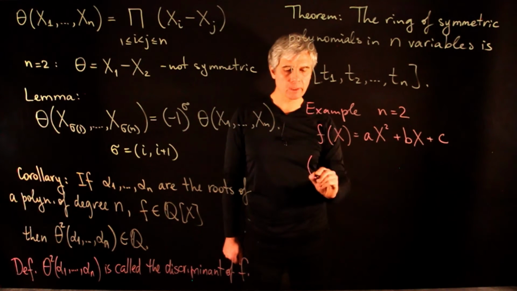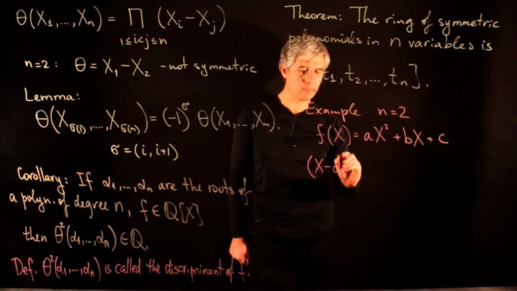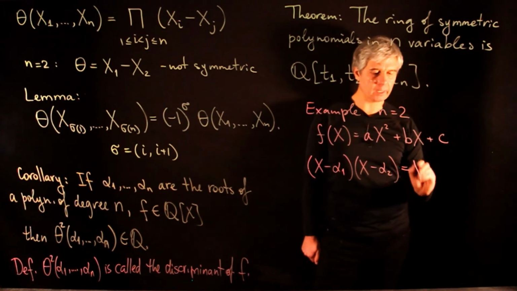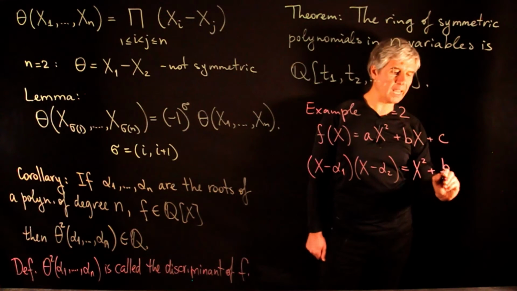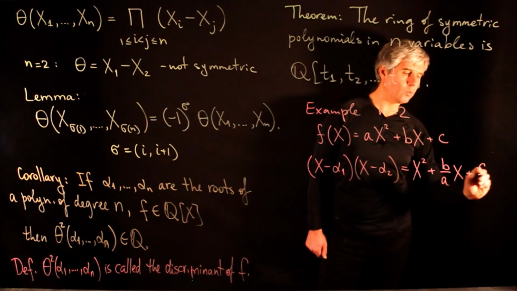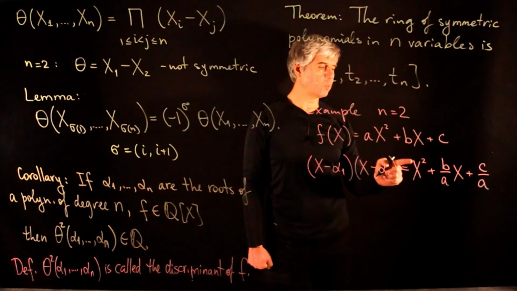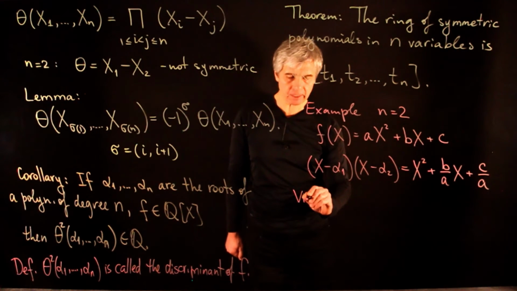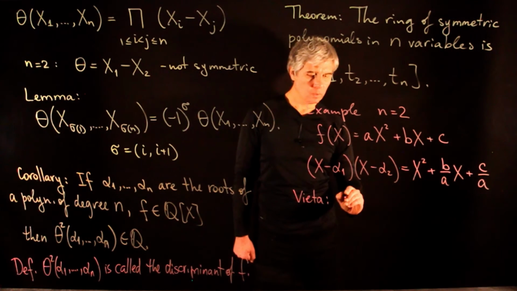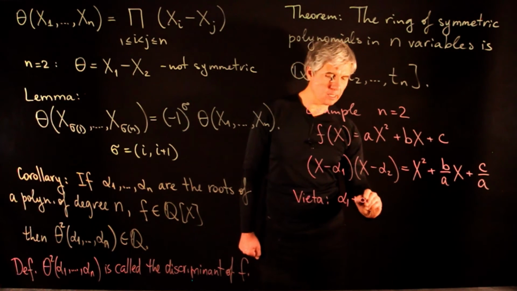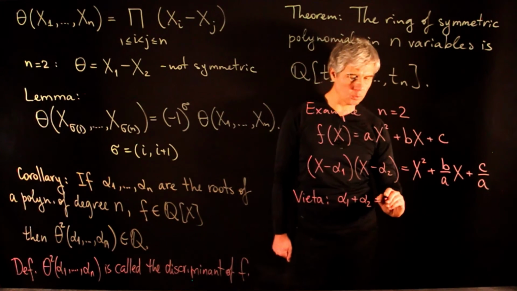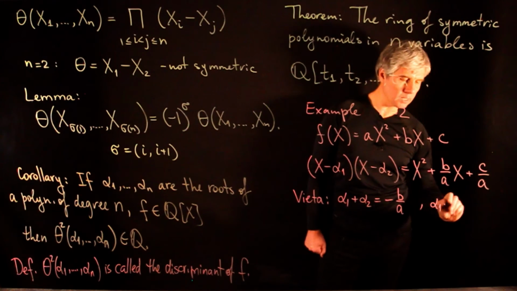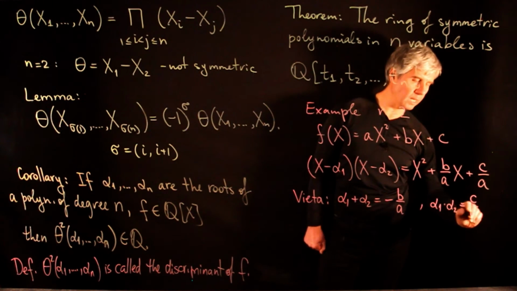If we want to factor it, then we have that (x minus alpha_1) times (x minus alpha_2) is equal to x^2 + (b/a)x + c/a, because these two polynomials have the same roots. And then by Vieta's theorem, we have that alpha_1 plus alpha_2 is equal to minus b over a, and alpha_1 times alpha_2 is equal to c over a.